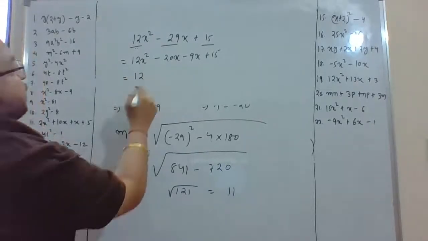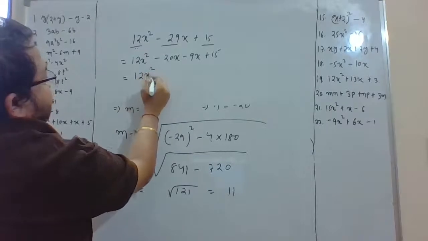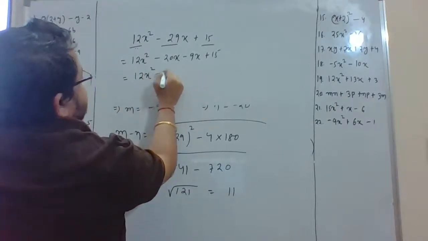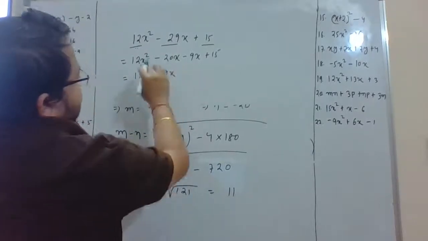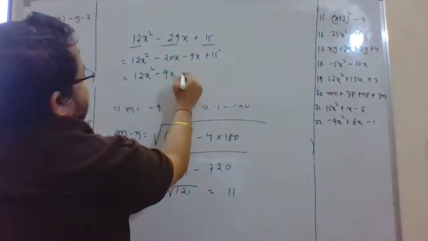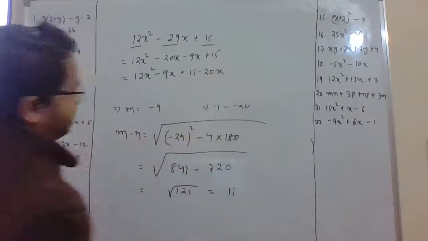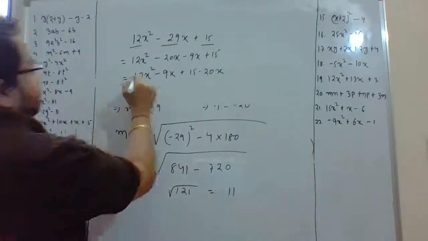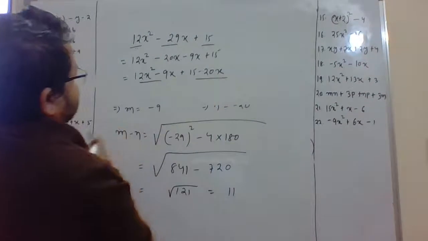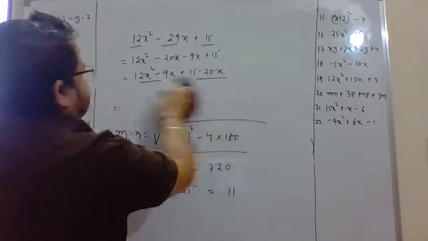So 12x squared, and let me take minus 9x here, and let me take your 20x to this side. So this is 15 minus 20x. Okay, so if I take these two as one pair and these two as the other pair, let's see what happens.